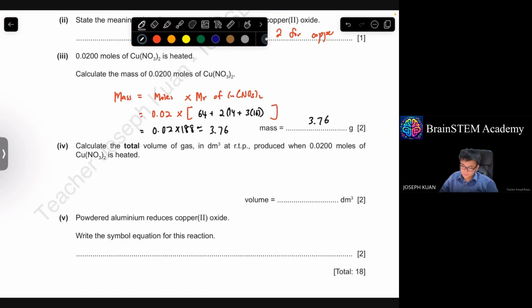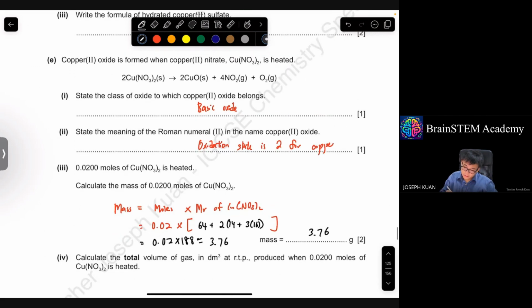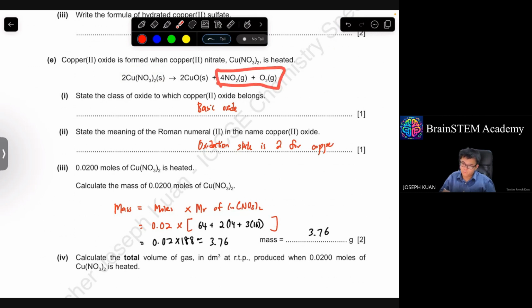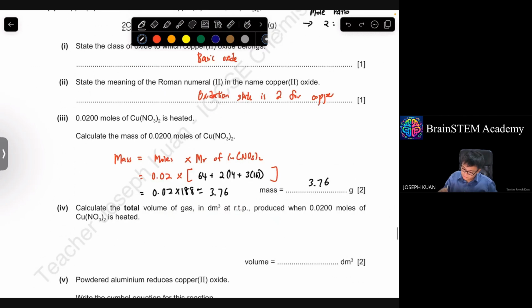Next, calculate the total volume of gas in cubic decimeters produced when 0.02 moles of this particular substance is heated. Okay, if you look at the equation, every 2 moles of copper(II) nitrate heated will form 5 moles of gas in total. It's a 2 to 5 mole ratio.